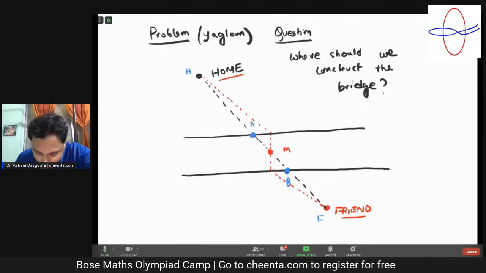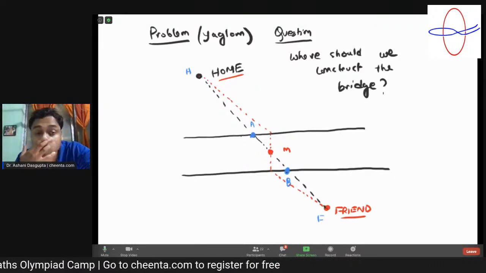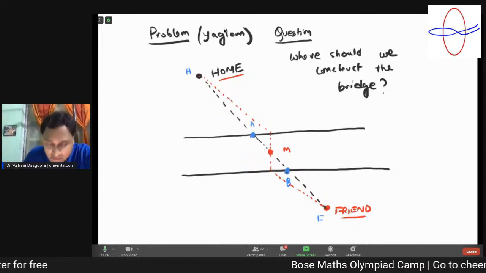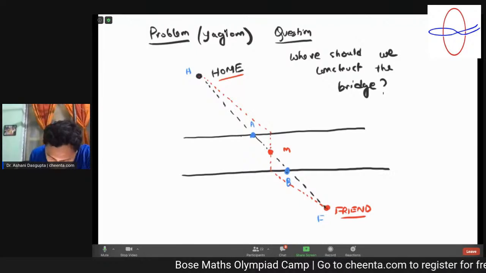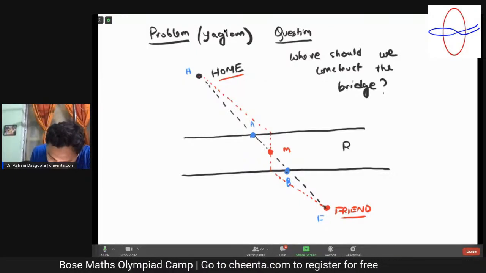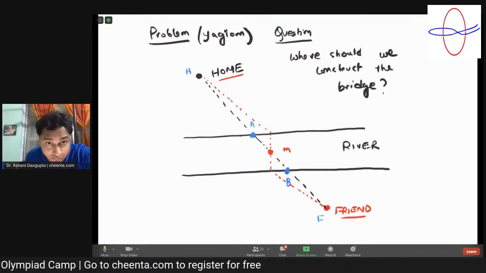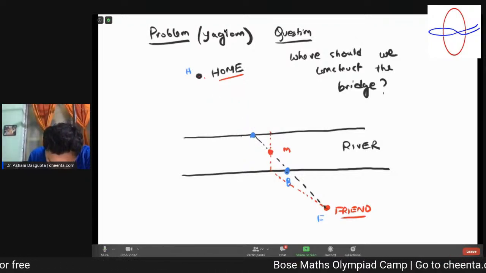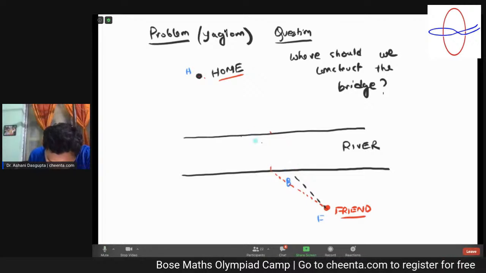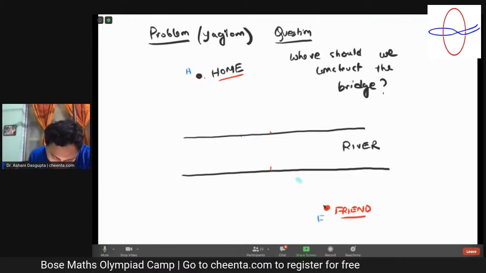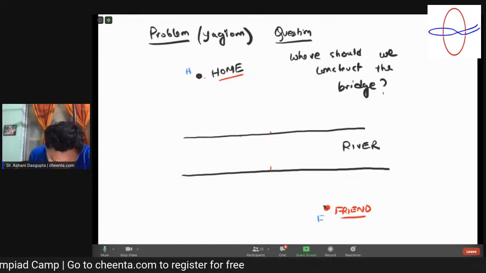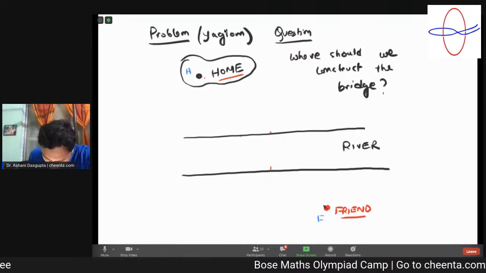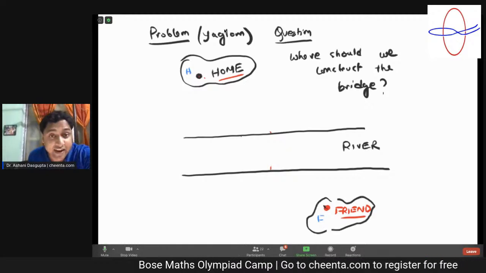Okay, Strinja joined a little bit late. So those who have joined a little bit late, I will explain a little bit of the problem one more time. We are using a geometric transformation called translation to solve this problem, which basically says that there is a river, and on one side of the river, I have my home, and on the other side of the river, there is my friend's home.